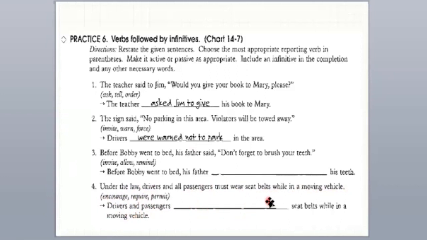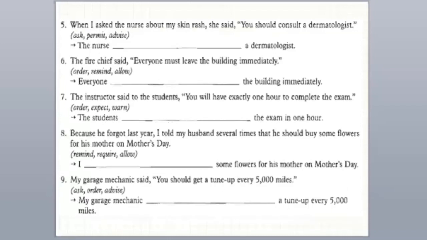Okay? So most of the time in requests, in ask, the verb ask, requests, remind, warn, advised somebody to, plus infinitive, to, okay? So when I asked the nurse about my skin rash, she said, you should consult a dermatologist, okay? What is this? This is a piece of advice, okay?